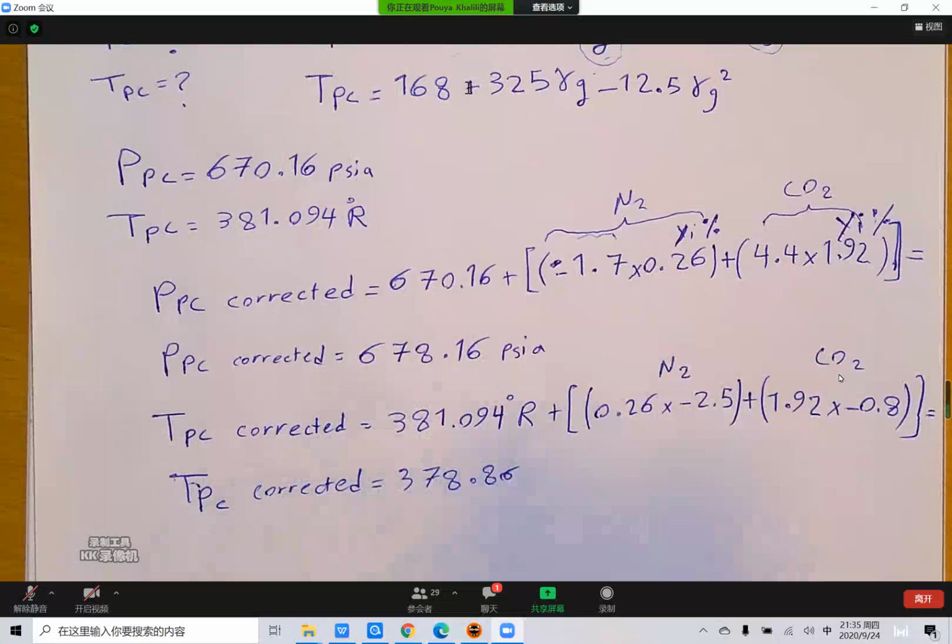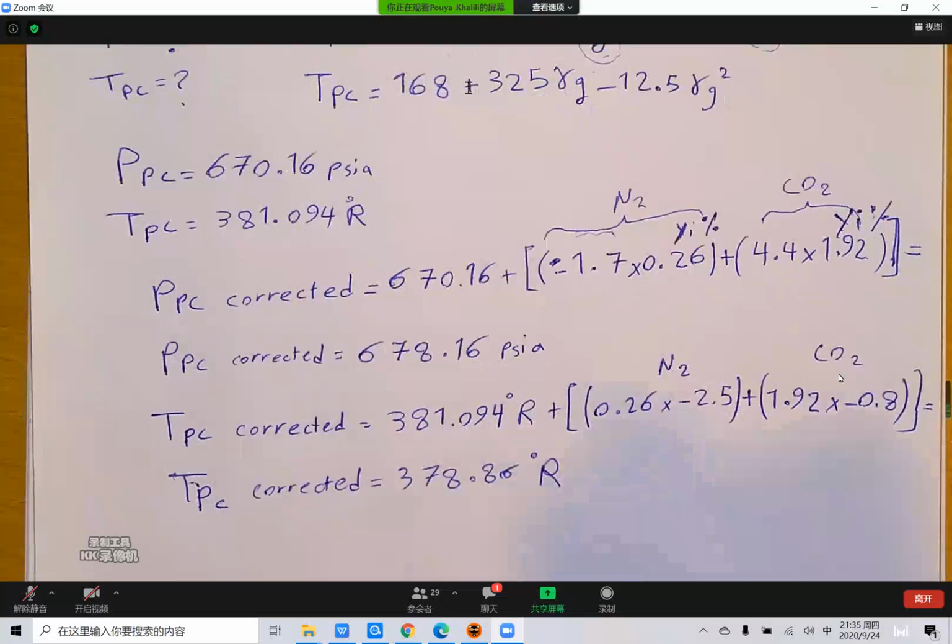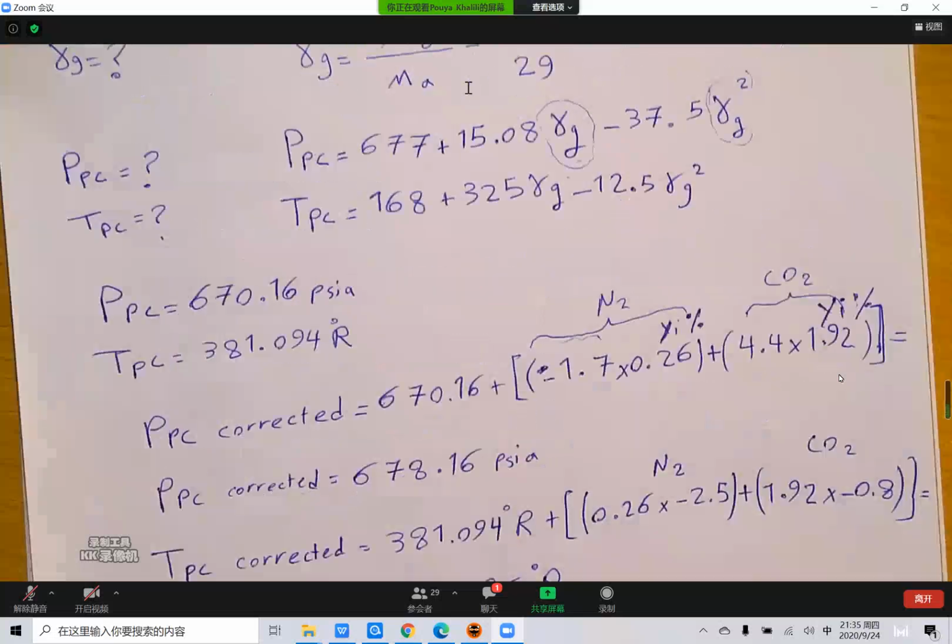No, it is the temperature, not the pressure. It's in Rankine. So yeah, this is it: the corrected pseudo-critical temperature and pressure. We found it.